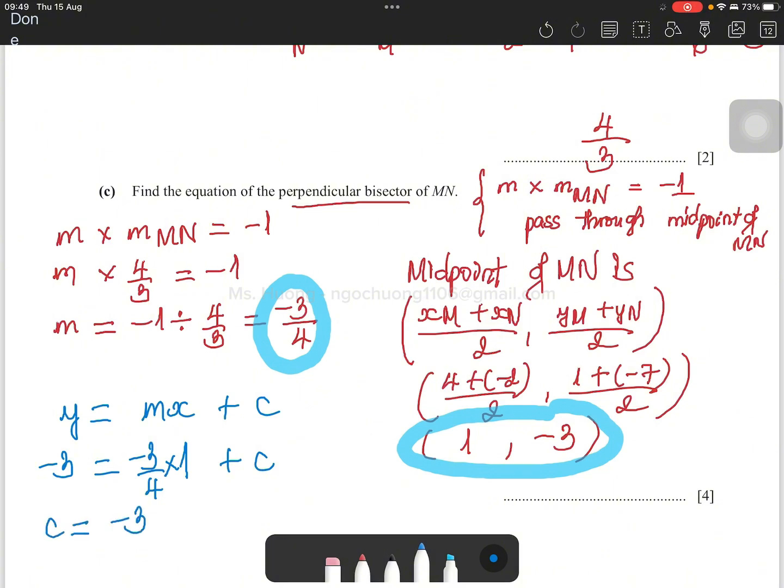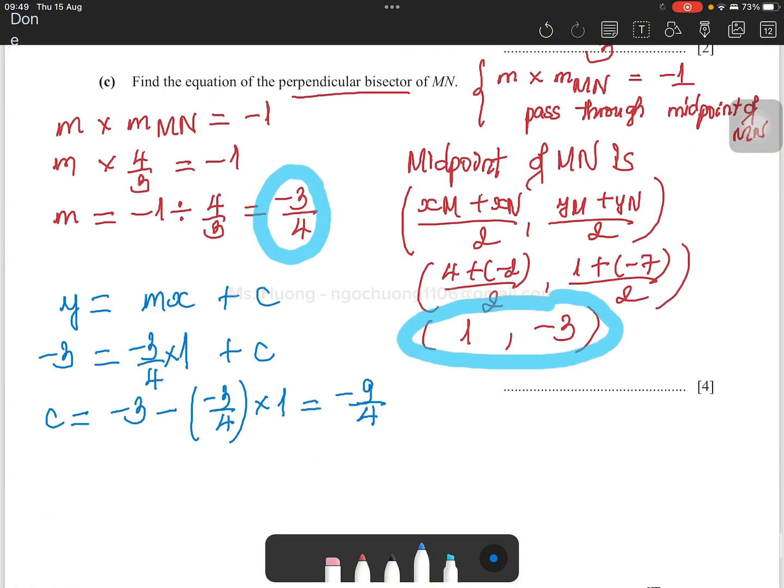So c is equal to negative 3 minus negative 3 over 4 times 1. So c is negative 9 over 4. Finally, we know the value of m and c. We know that m is negative 3 over 4 and c is negative 9 over 4. So the equation is y equals negative 3 over 4 x minus 9 over 4.